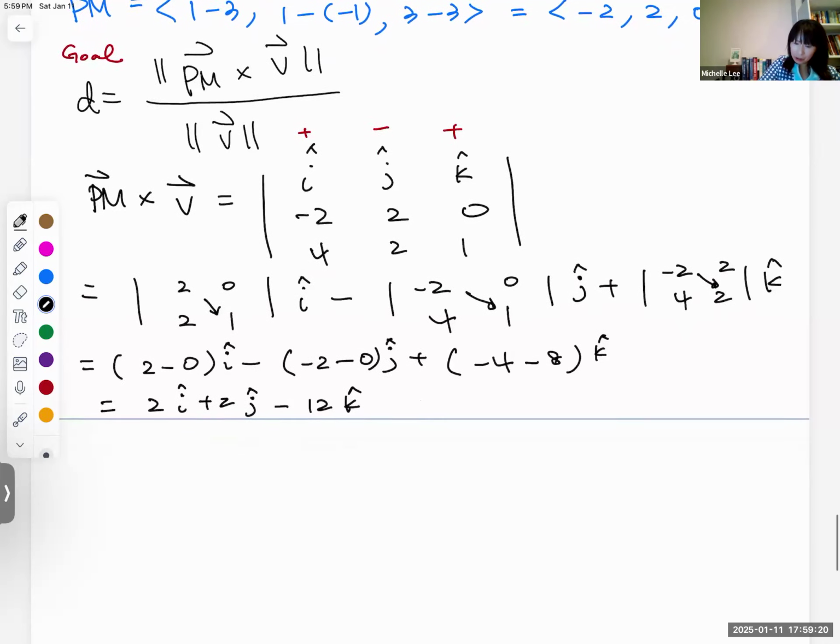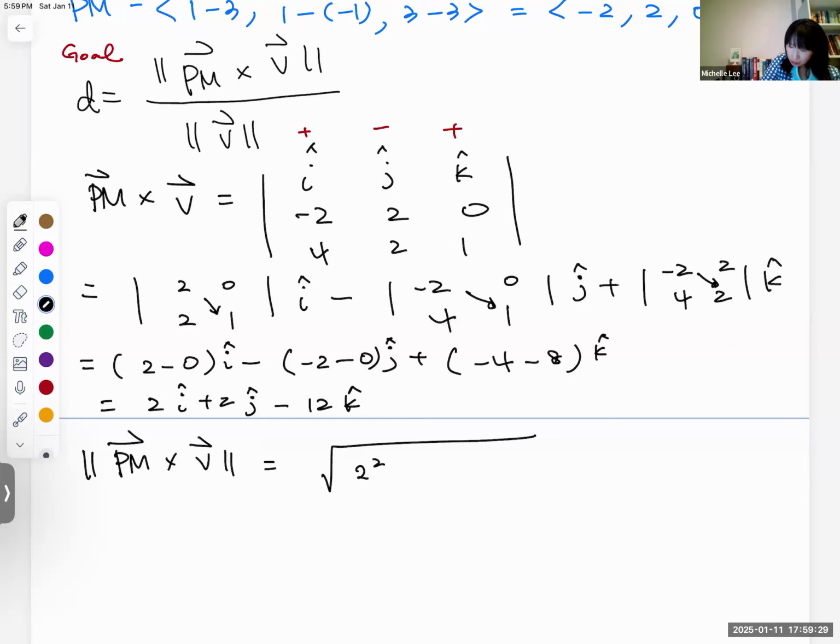Now take the magnitude of that. Equal to the square root of 2 squared plus 2 squared plus -12 squared. So that will be the square root of 152. Okay, what about the magnitude of vector V? So let's just do that.